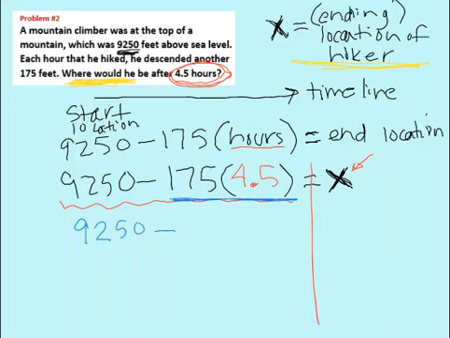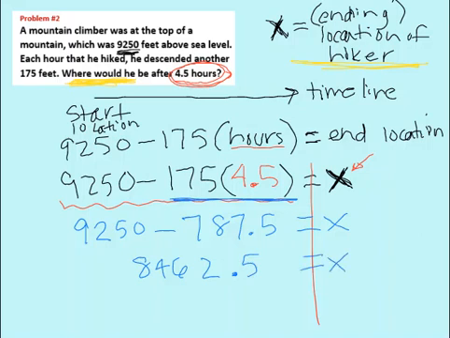And I get 787.5. So now I'm going to do the subtraction. 9,250 minus 787.5 is going to be 8,462.5 equals x.